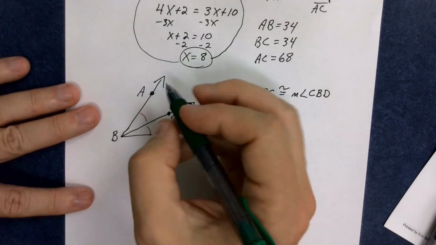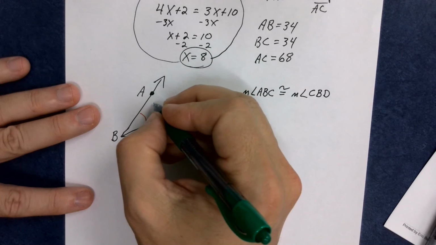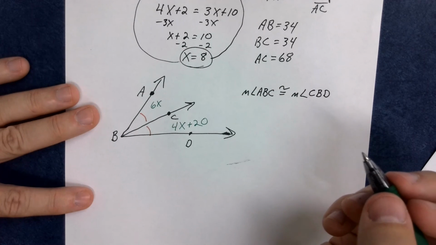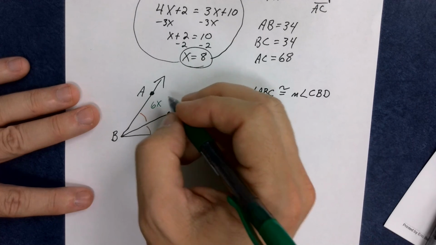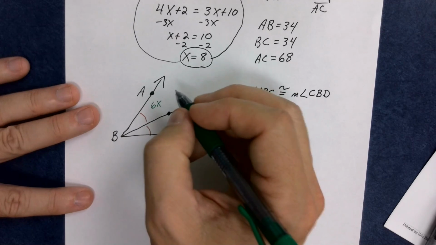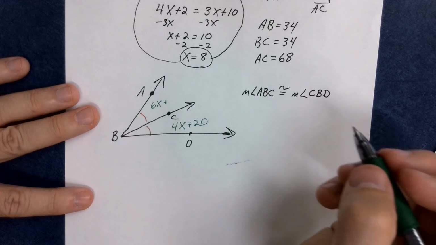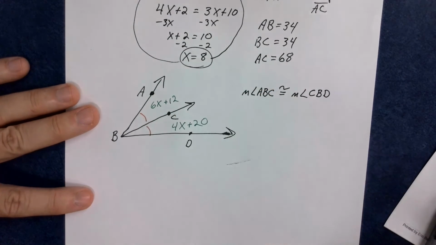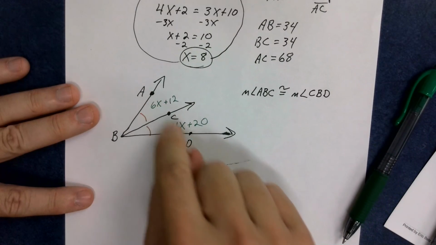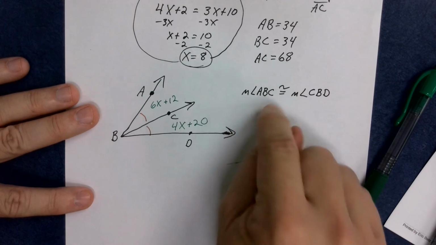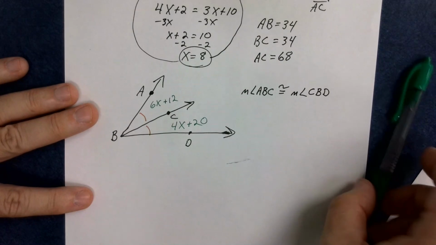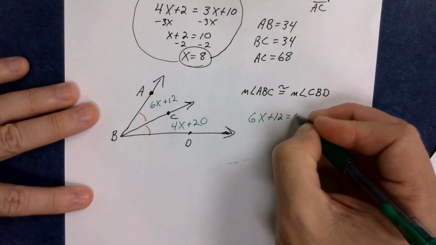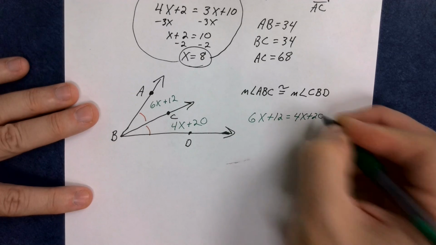And this was 6x, let's go, 6x plus 12, 6x plus 12, then if those two angles are congruent, that means they're also equal. I would be able to write this as an equation. 6x plus 12 equals 4x plus 20.